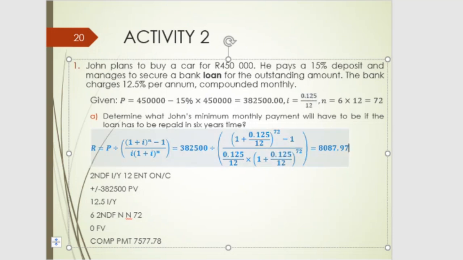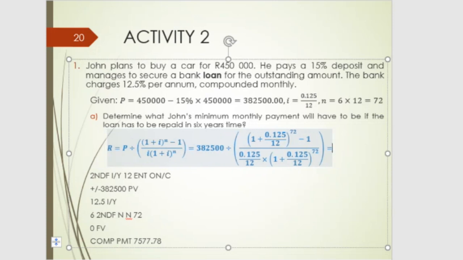Sorry about that. 0.125. I think I'm done. Let me see. Everything is in order. It's 125 here.